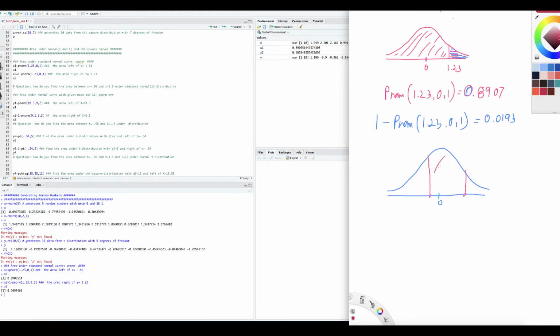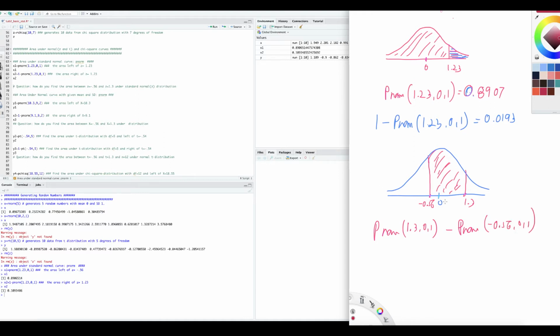How do you find the area between those two? You can do pnorm 1.3, 0,1, which is all the area left of 1.3, and then minus pnorm negative 0.56.